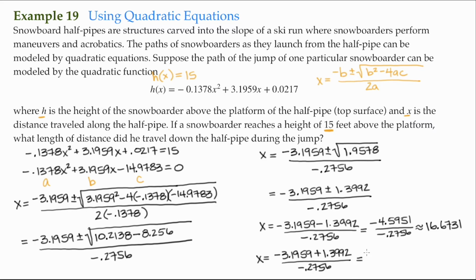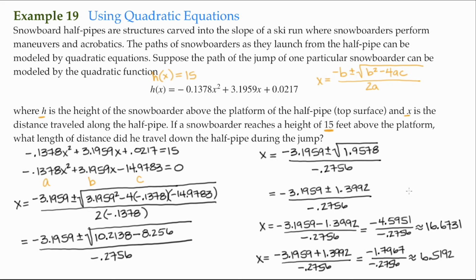That's then equal to negative 1.7967 over negative 0.2756. And this is approximately equal to 6.5192 feet. So he also, by the time he gets 15 feet in the air, is 6.5192 feet down the half pipe. So how can he be two distances?